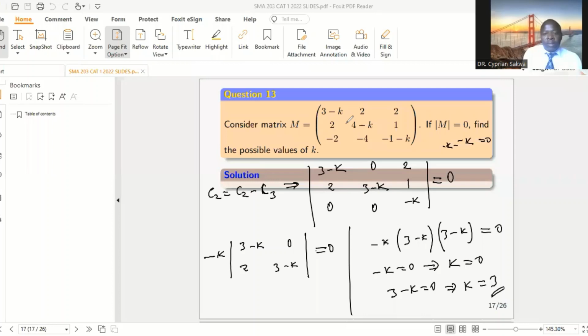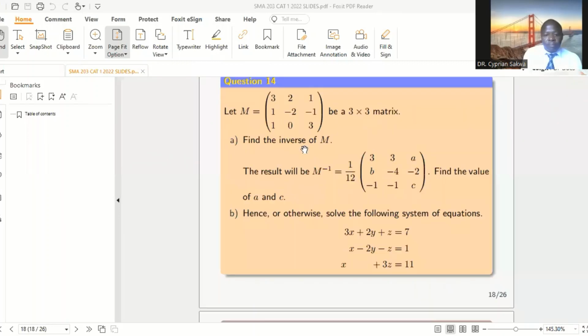Let's look at the next question. We already know to find the inverse of a matrix. I want to use the method of the cofactor. So that means I'm answering question A. We begin by finding the determinant of M. I just write the answer: the determinant of M I found to be negative 24.